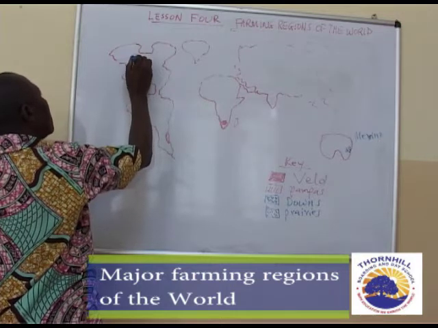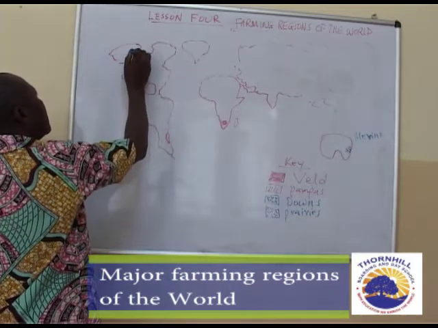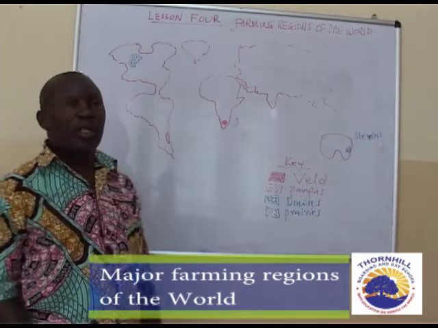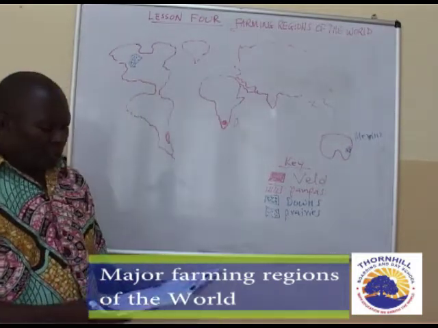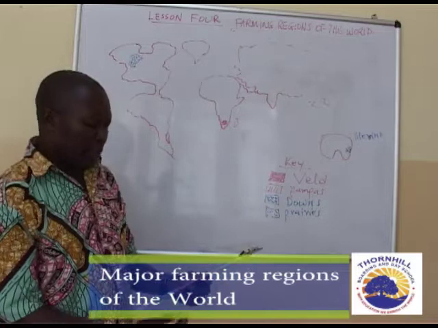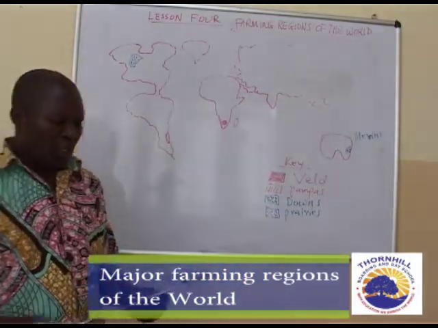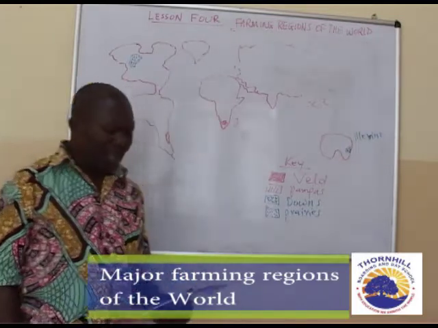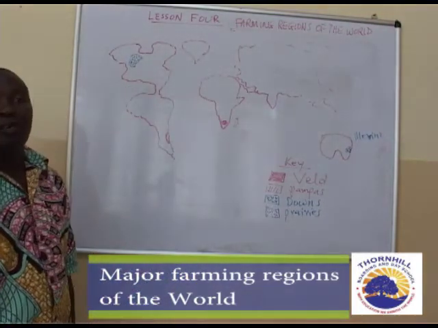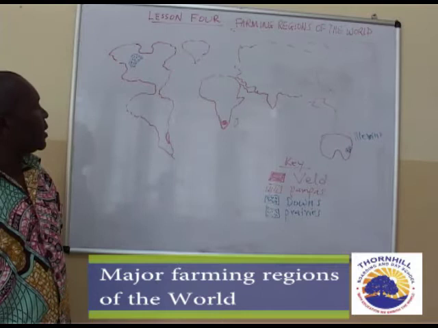In this grassland, it's one of the highest wheat producers in the world, having very fertile soil, and the climate is very good for growing wheat.